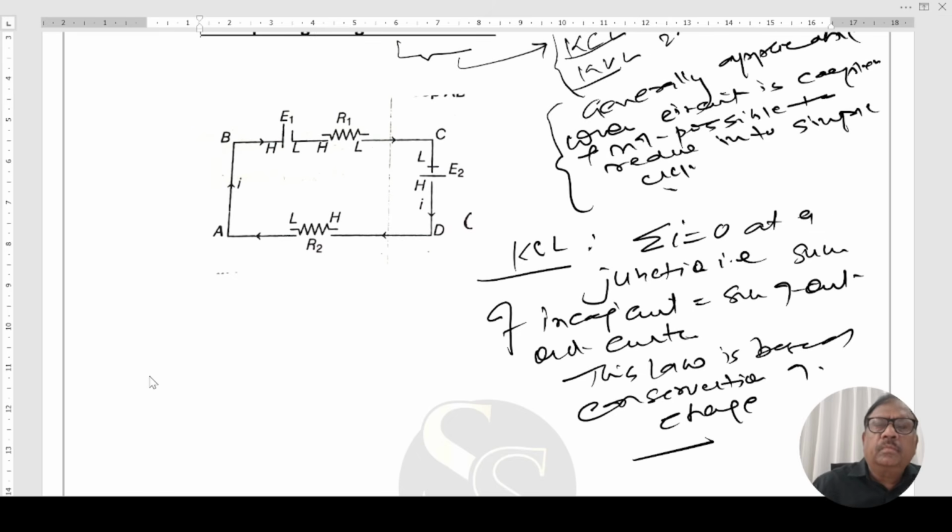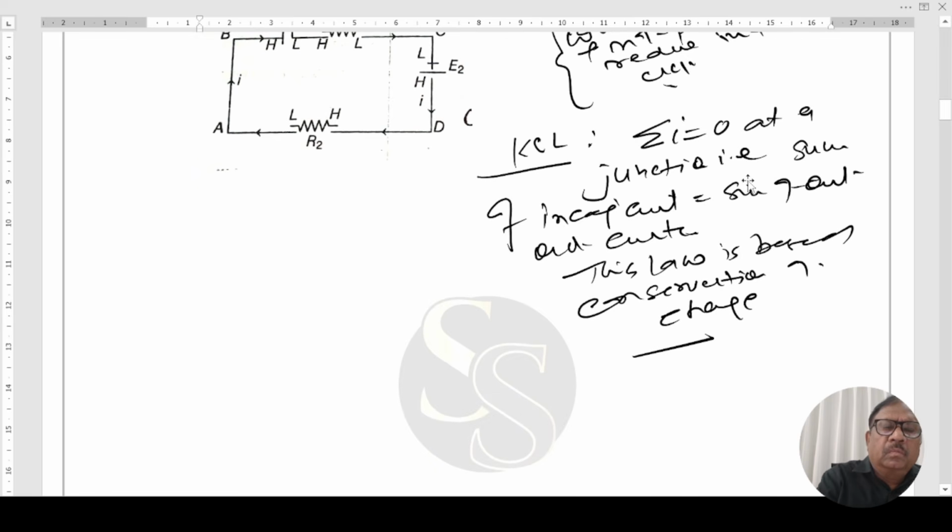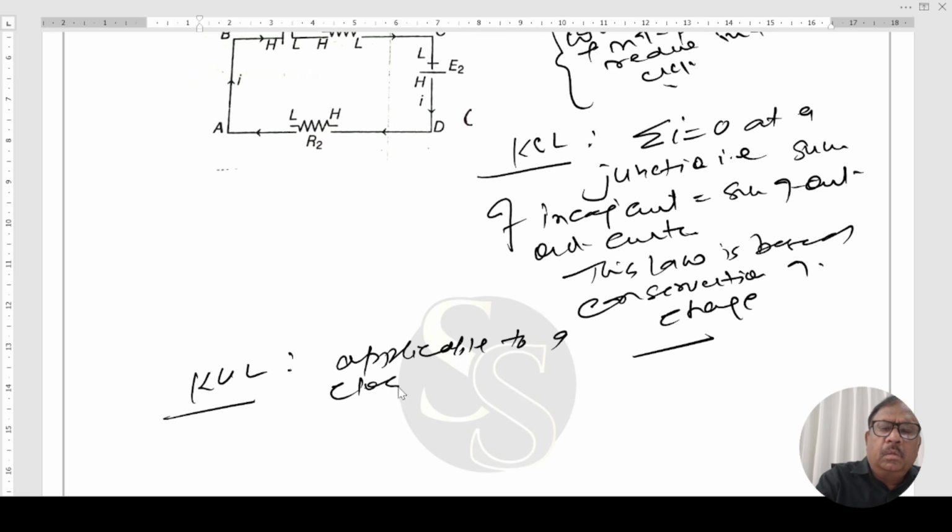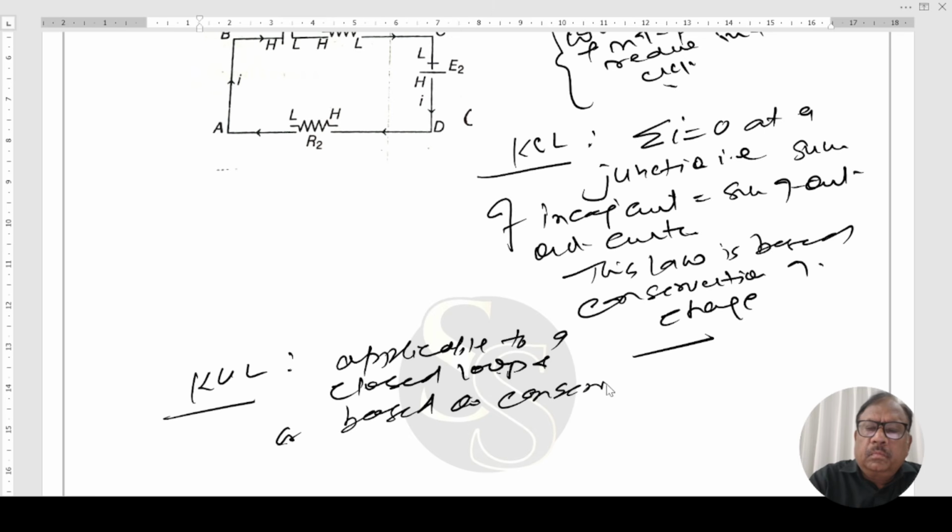KVL is applicable to a closed loop, and based on conservation of energy.